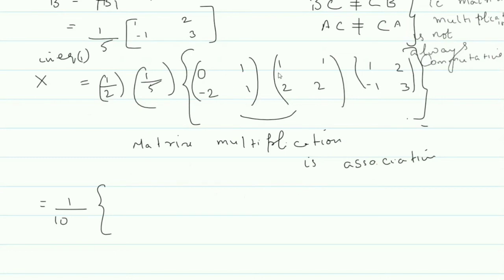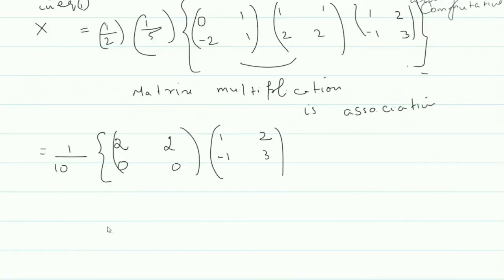Multiply these two. I am multiplying 0 into 1, 0, plus 1 into 2, that is 2. Then 0 and 0 again 2. The first row is 2, 2, and the second row is minus 2 plus 2, which is 0, and minus 2 plus 2, which is 0. This first matrix is multiplied by the matrix 1, 2, minus 1, 3.